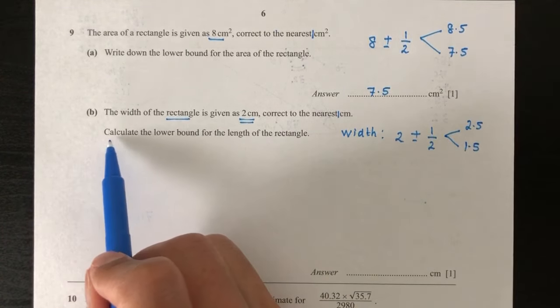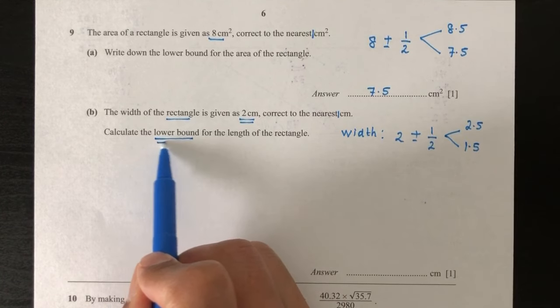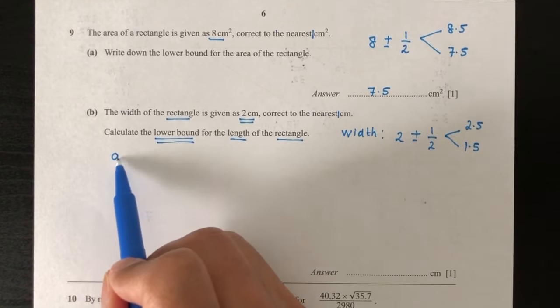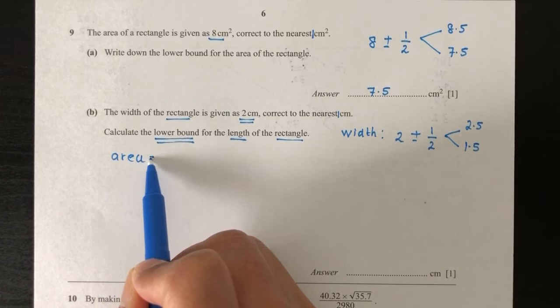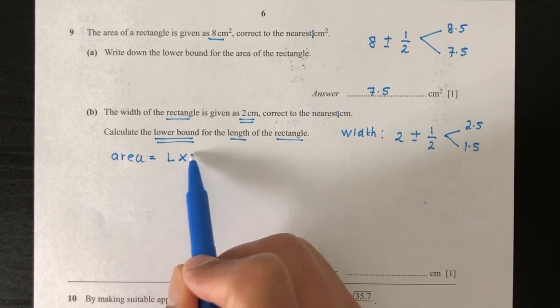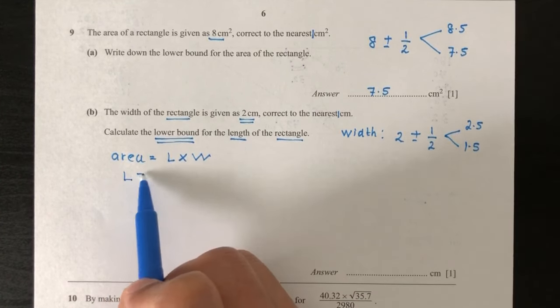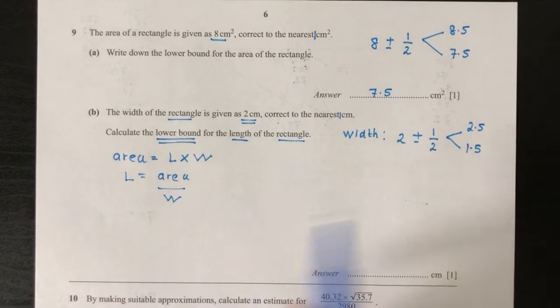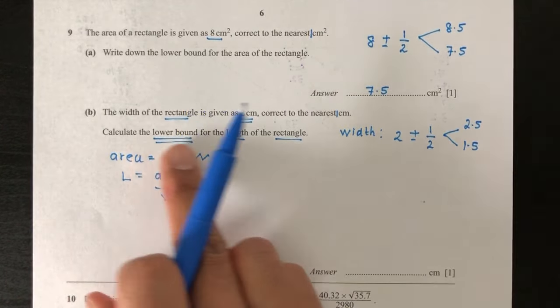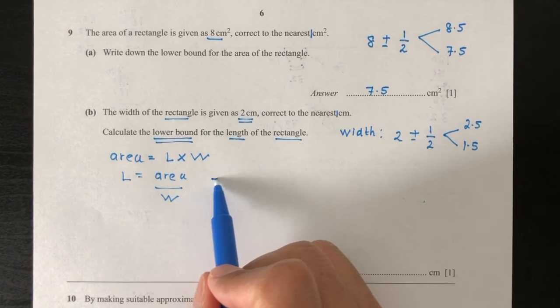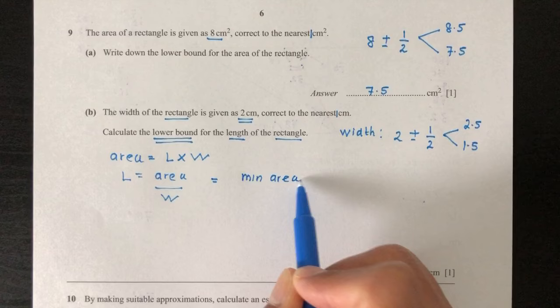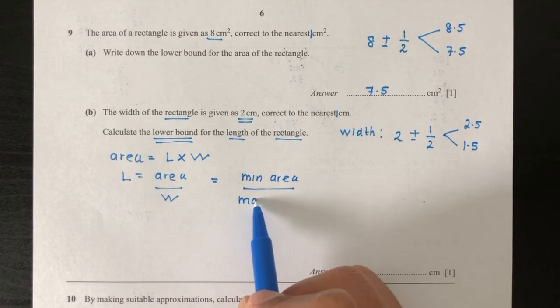Now the question is, calculate the lower bound for the length of the rectangle. So when you have the area equal to length times width, length is equal to area divided by width. Now to find the lower bound of the length, we have to take the minimum area divided by the maximum width.